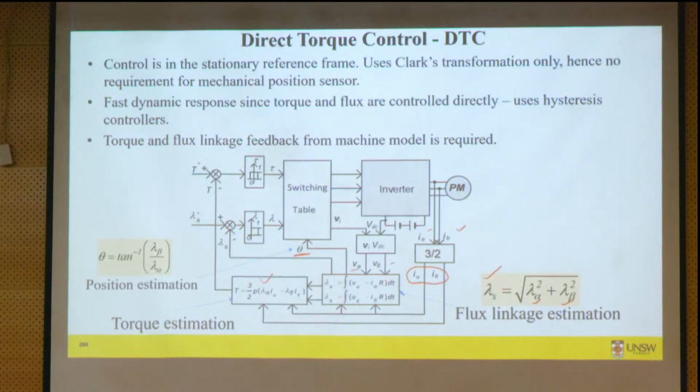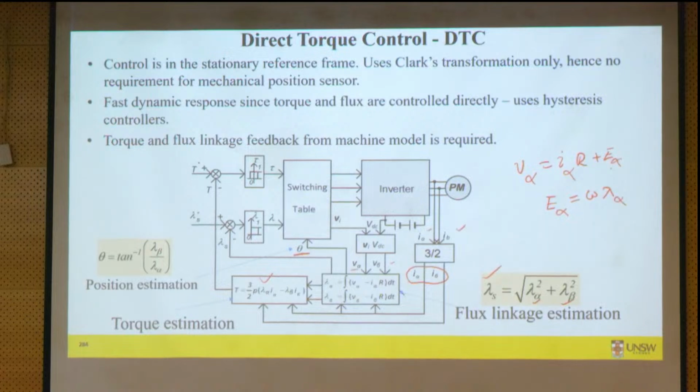To estimate theta, what we are doing is integrating a voltage, right? So V alpha is the current I alpha times R plus the back EMF alpha component. This component E alpha is, as we have talked about, omega times flux linkage alpha.